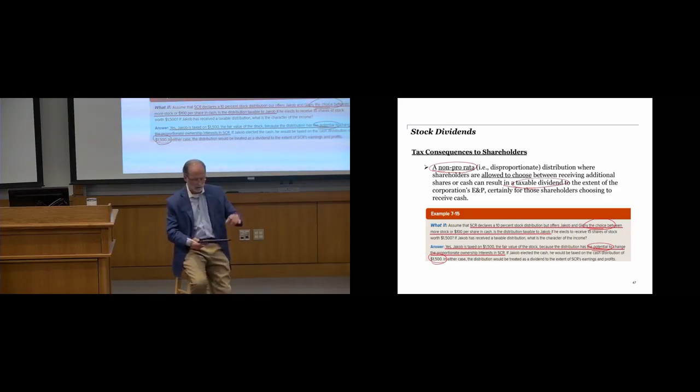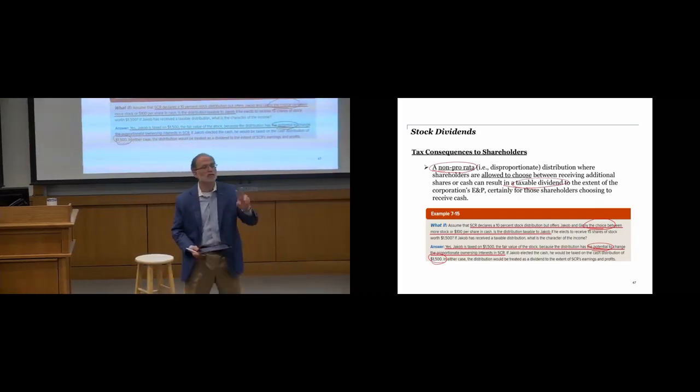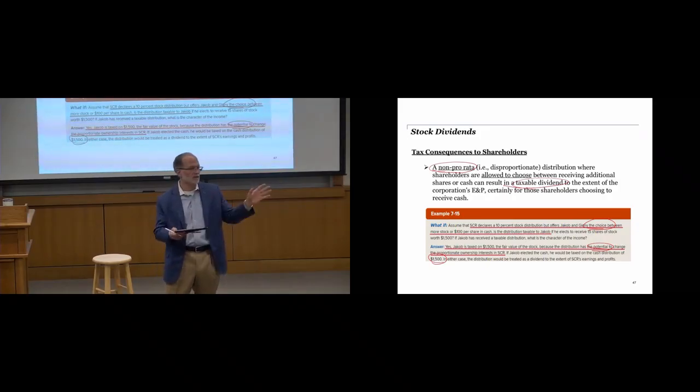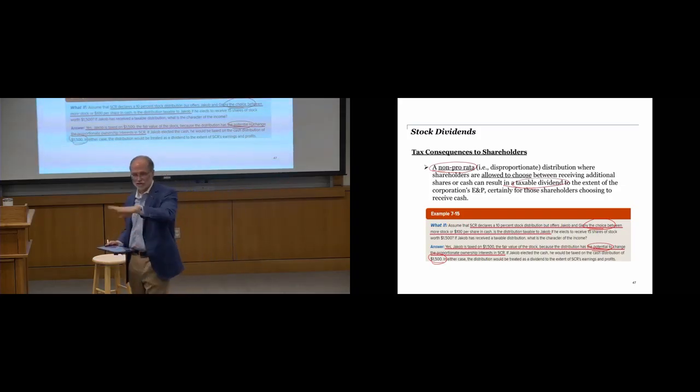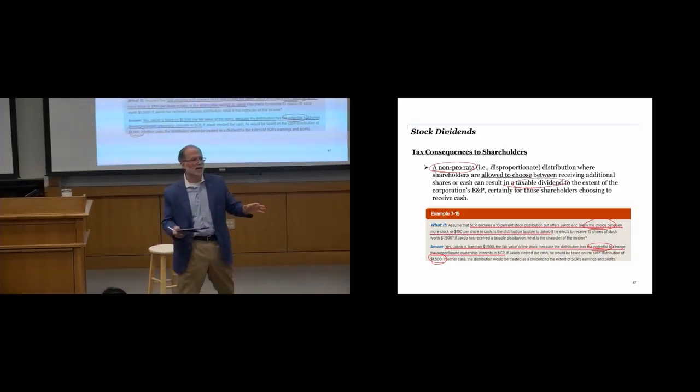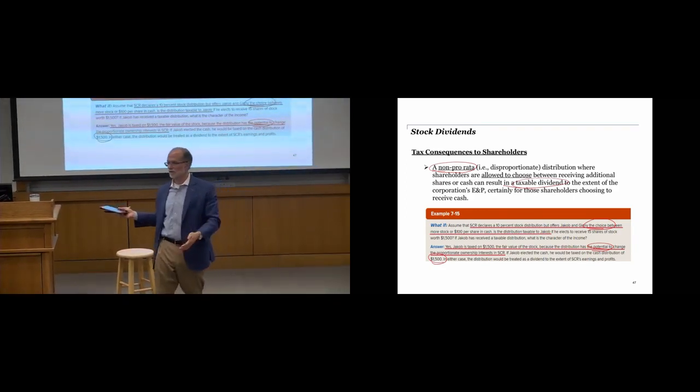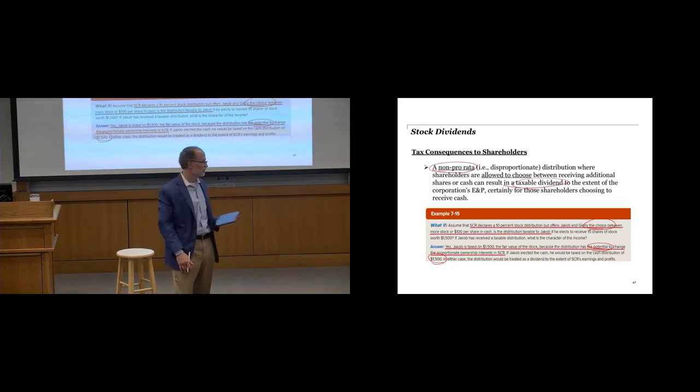If in this situation you had Jacob and Jenny, and you have two shareholders, you could ask them, do you want stock, do you want cash? And if they both say stock, then don't provide an option. Just do a stock dividend, untaxed. If they want cash, just do cash. Don't give an option, right? But in a widely held scenario, you're never going to get 100% on one side of the choice versus the other.